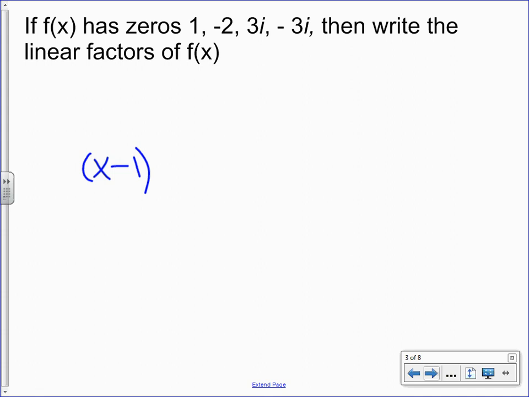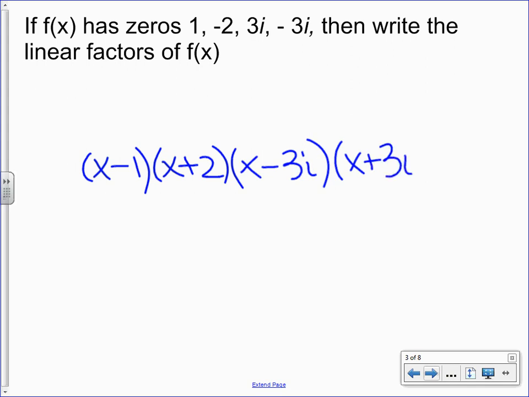If -2 is our zero, if 3i is our zero, and if -3i is our zero. Right? There's our product of linear factors.